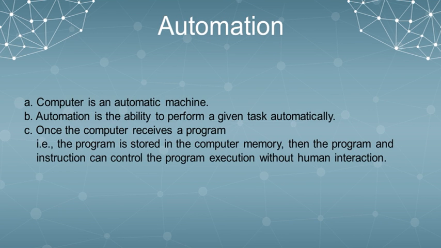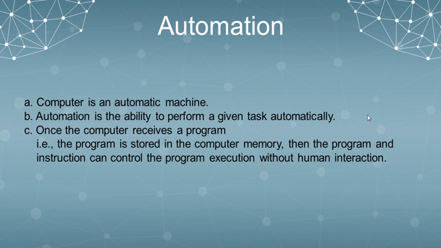Automation. Yes, it is the most important feature or advantage of a computer system. The first point is that a computer is an automatic machine. As we know, we can type data into the computer, but there are also huge numbers of programs, I mean software, which can perform their own tasks without disturbing the user, automatically. Automation is the ability to perform a given task automatically.